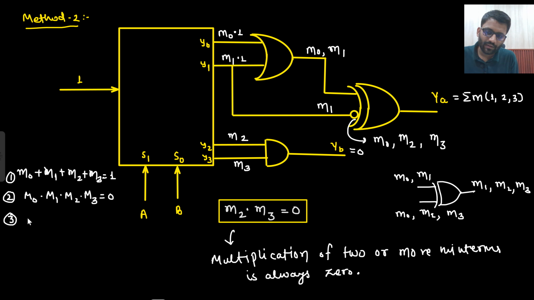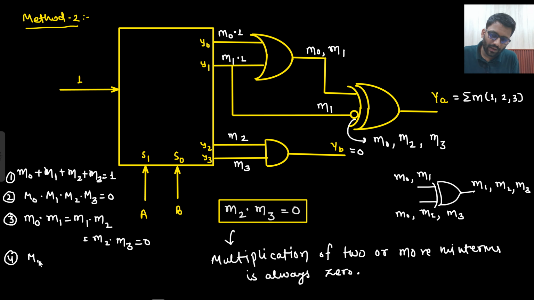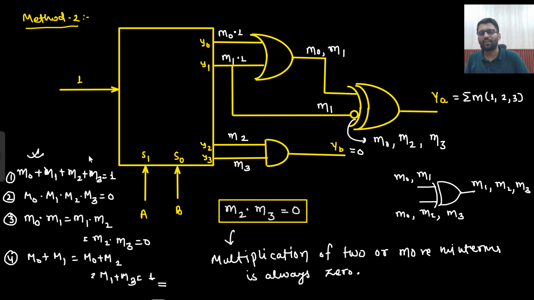Statement 3: multiplication of any two minterms will always be 0. Statement 4, this will come later: addition of any two maxterms, like m0 plus m2, or m1 plus m2, or m1 plus m3, would be 1. Say yes or no. These 4 statements are very, very important.